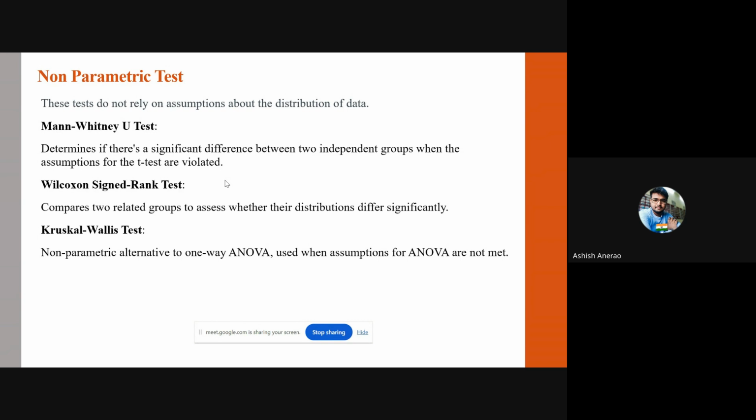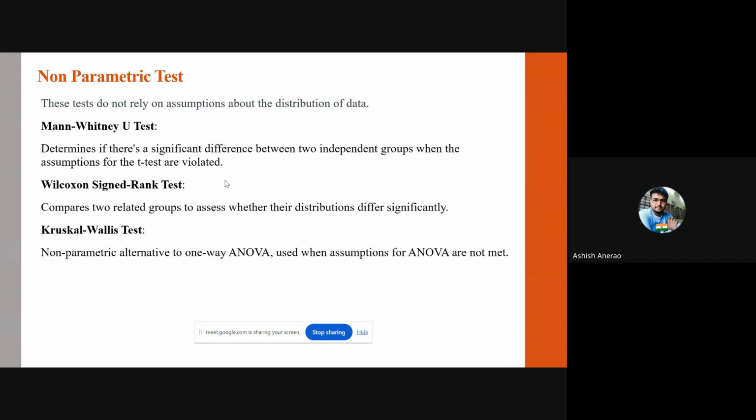Now in the Mann-Whitney test we compare two medians, but sometimes we want to compare more than two medians. In that scenario we use the Kruskal-Wallis test.